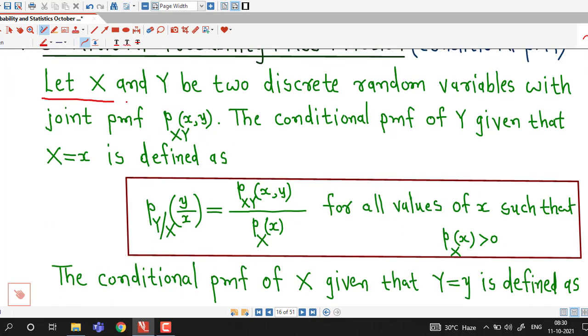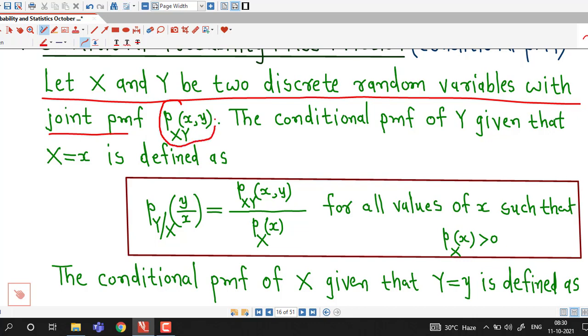So let X and Y be two discrete random variables with joint probability mass function denoted by p suffix XY. The conditional probability mass function of random variable Y given that X equal to x is defined in this way. Here in the suffix we write Y divided by X, and in the bracket we write y by x.